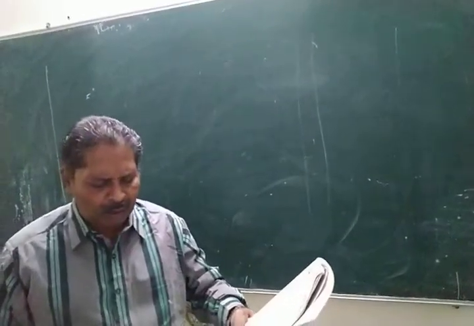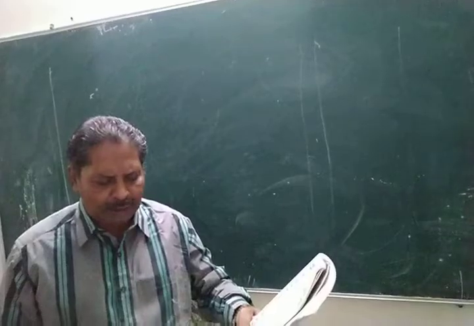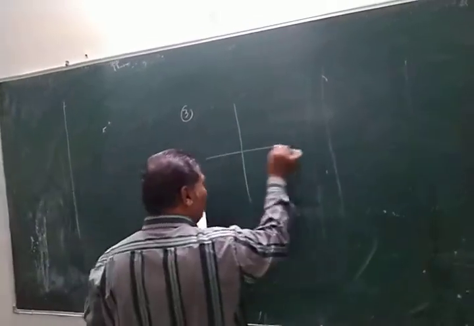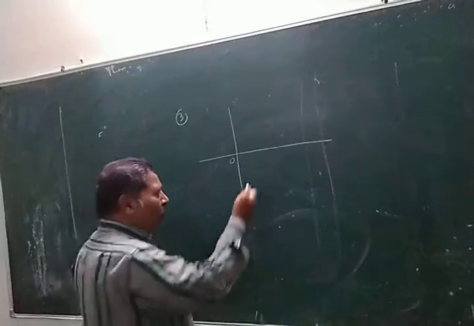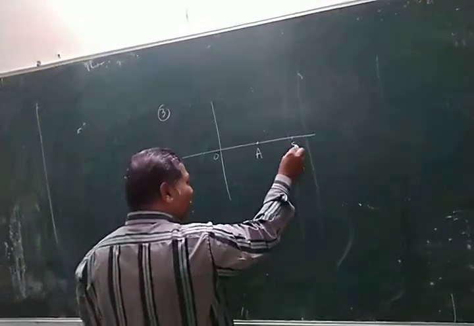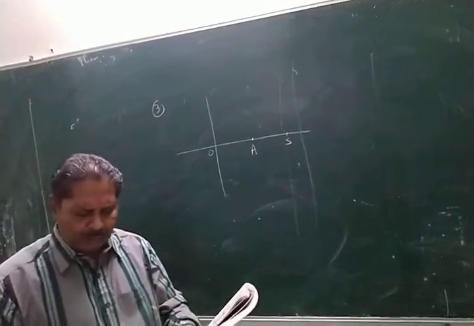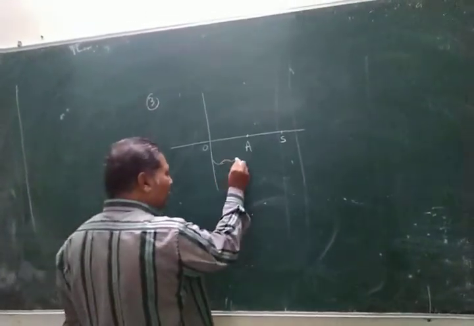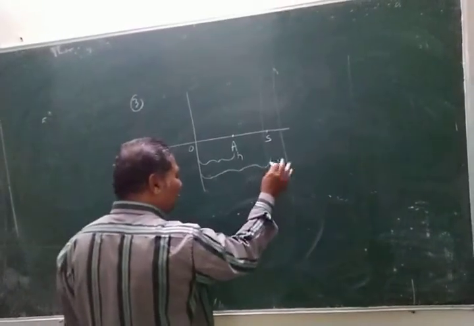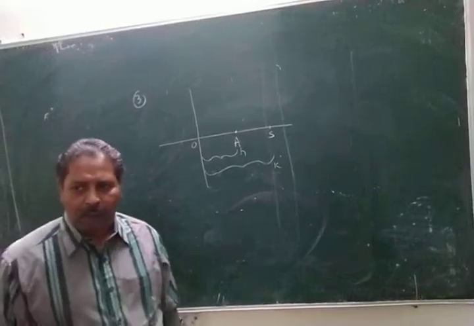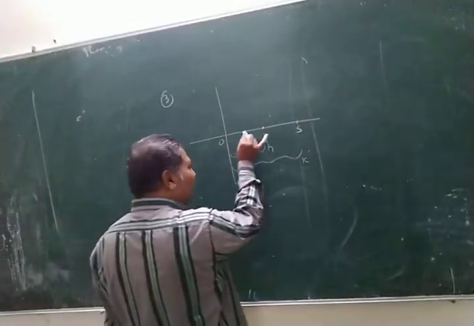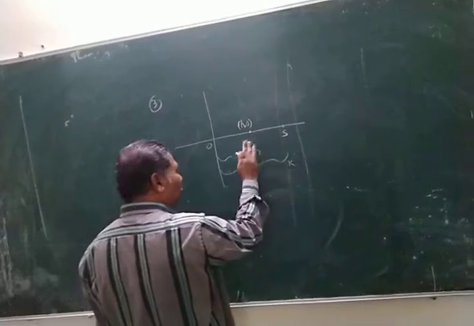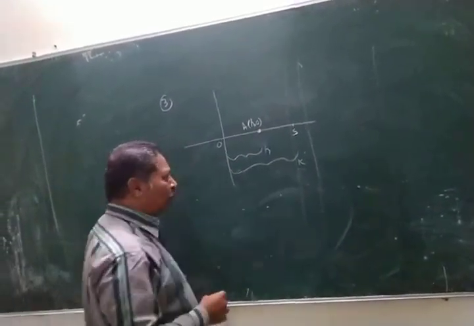The vertex and focus of a parabola are at distances of h and k units from the origin on the positive x-axis. This is the origin, the vertex and the focus. On the x-axis the y value is 0, so the vertex is the point (h, 0).